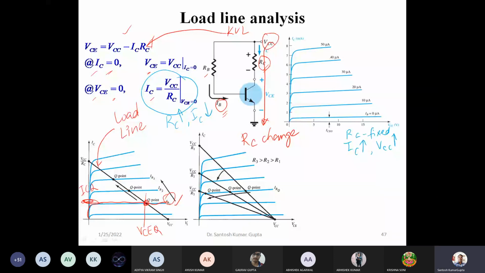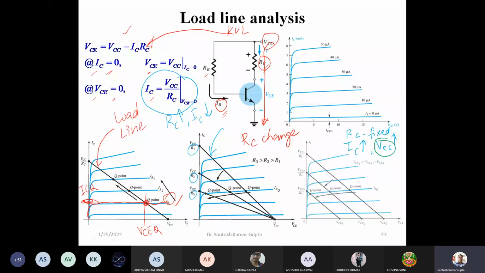So this load line we can change by changing either the RC value, having R1, R2, R3 values here, or also by changing the VCC.